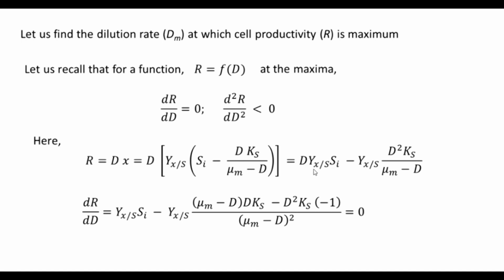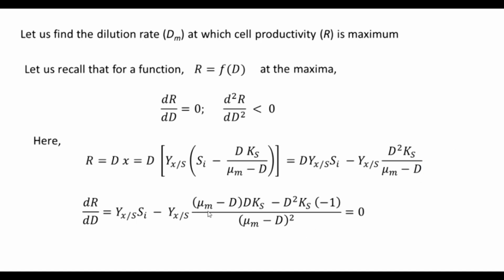The first term is quite straightforward, the D would drop out, Yxs Si remain, they are not functions of D. And the second term, you have a D in the numerator and a D in the denominator, and if you take Yxs common out here, you can use this a by b form: denominator into derivative of the numerator function minus the numerator into derivative of the denominator function, divided by the denominator function squared.